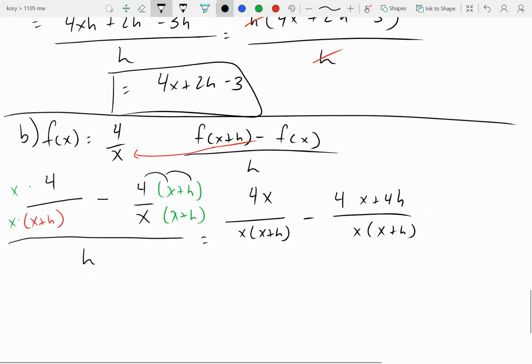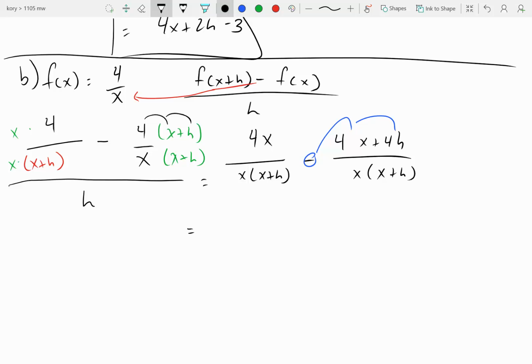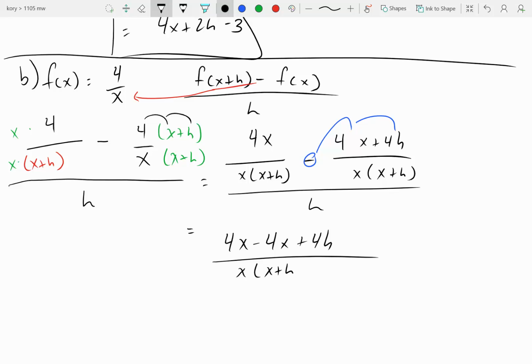Now the top, we're going to combine like terms, but first we need to distribute this negative. So we're going to distribute the negative and put it all under one denominator. So we have 4x minus 4x plus 4h all over x plus h, all over h.